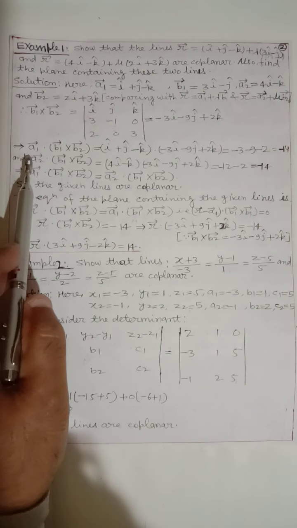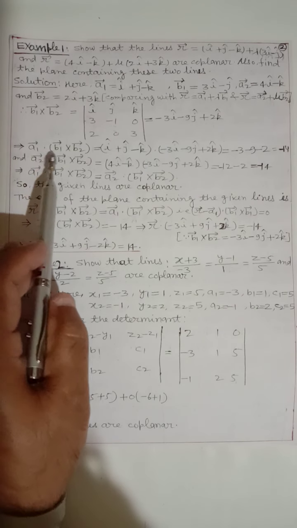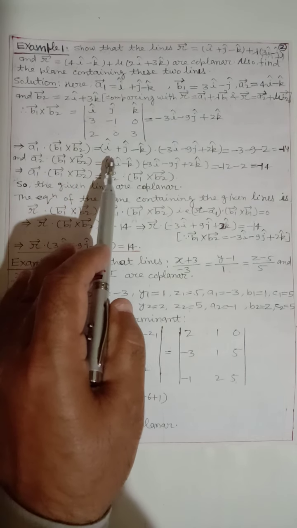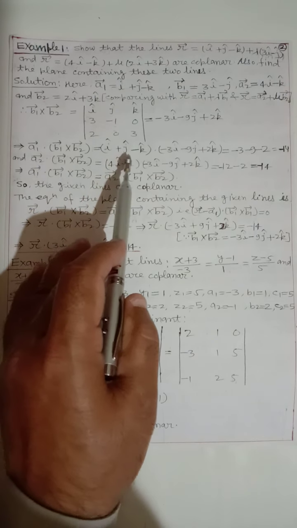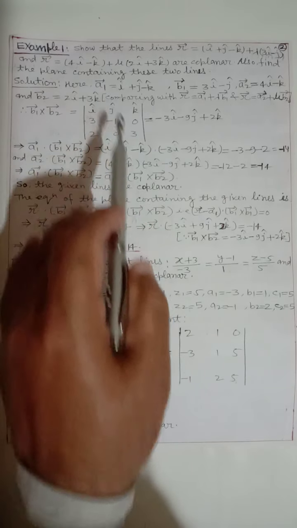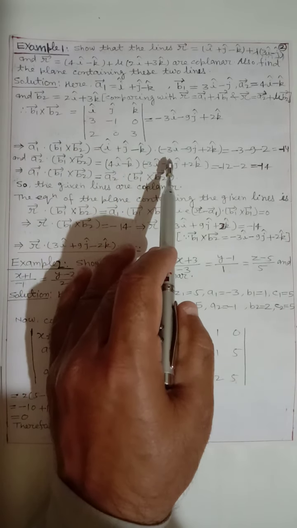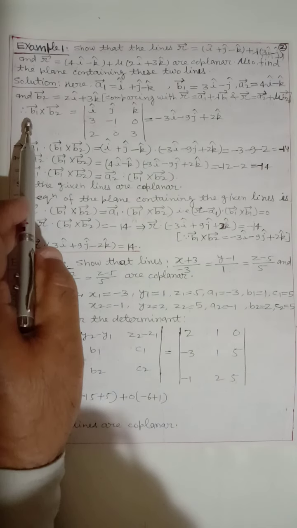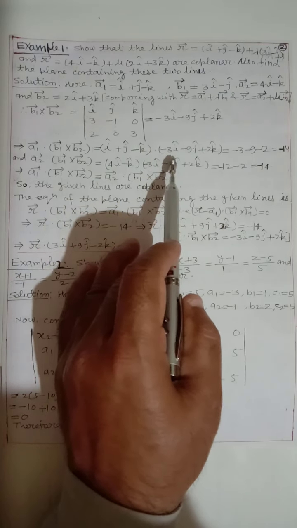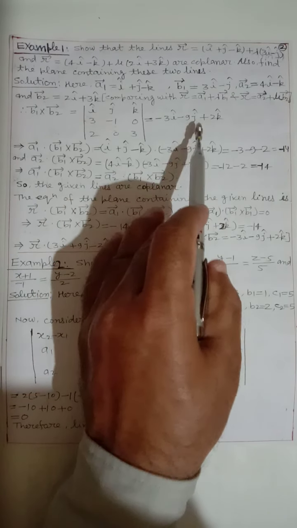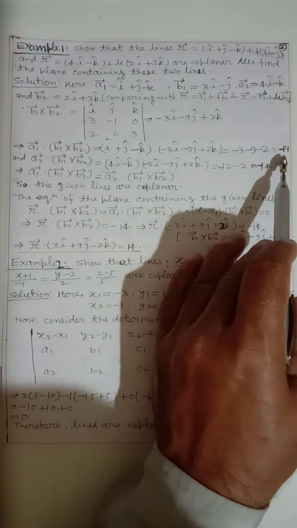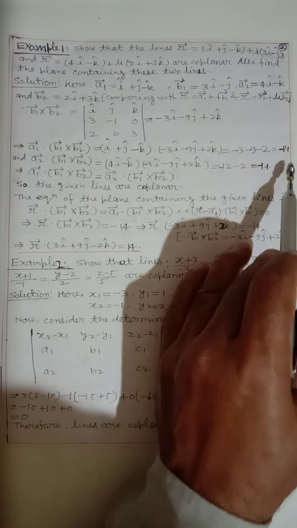Now, vector a1 dot vector b1 cross vector b2 equals i cap plus j cap minus k cap dot minus 3i cap minus 9j cap plus 2k cap, and the value of this is equal to minus 14.